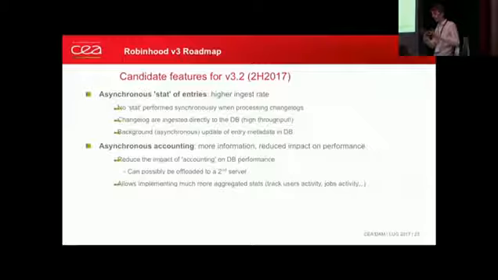We want the administrators to be able to store more information on the database without putting too much pressure on the system. So this asynchronous accounting idea should give the possibility to offload this accounting management to a second server.